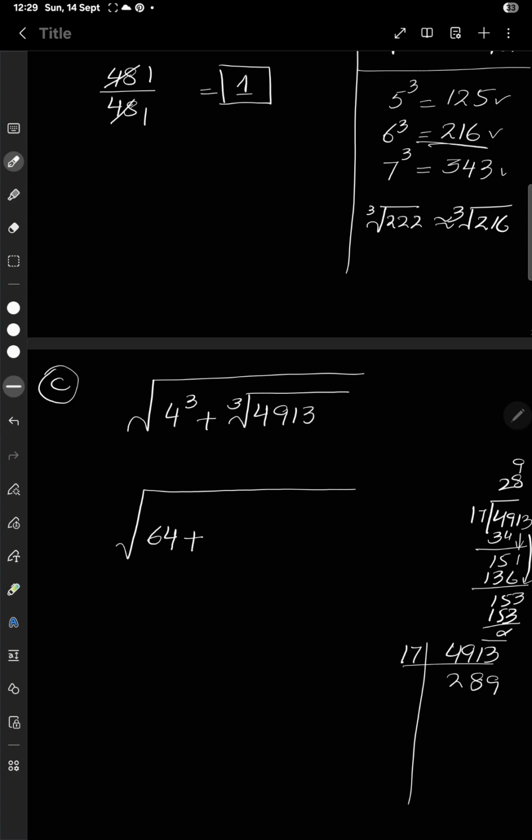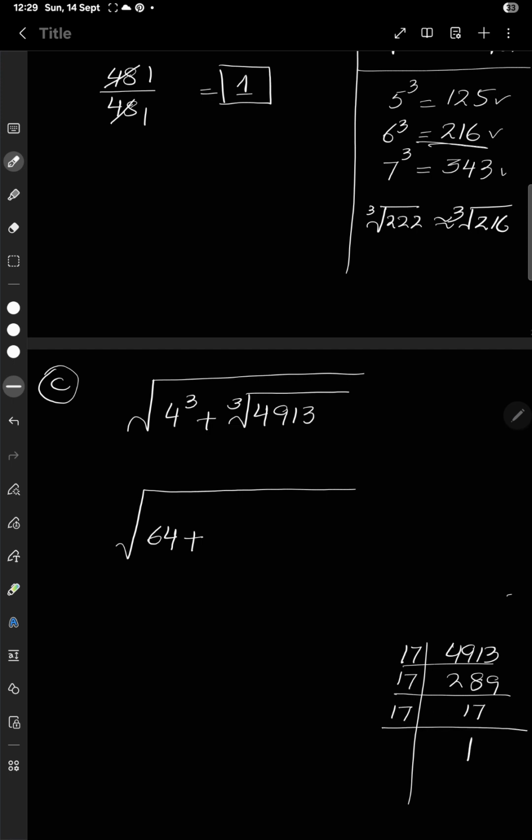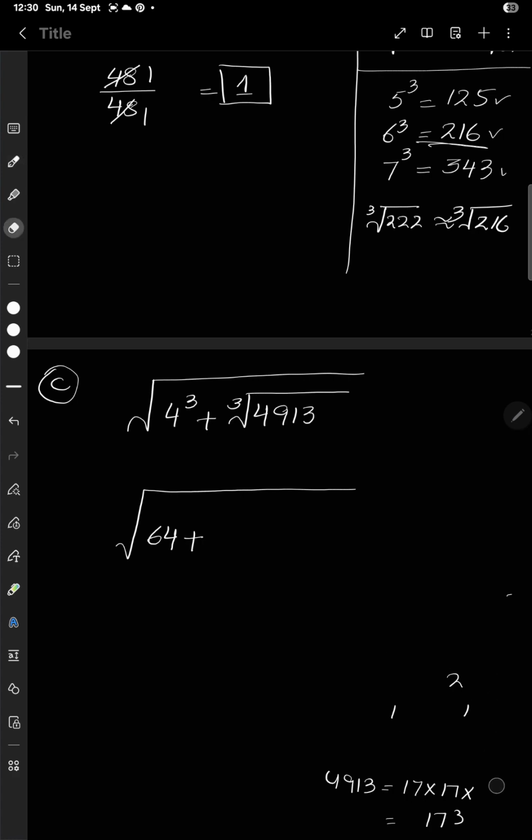So yes, when I divide 4913 by 17, I will get the answer 289. Again, when I divide 289 by 17, my answer will be 17, and 17 ones are 17. So yes, 4913 will be equal to 17 into 17 into 17, meaning 17 cube. This means the number 4913 is 17 cube.